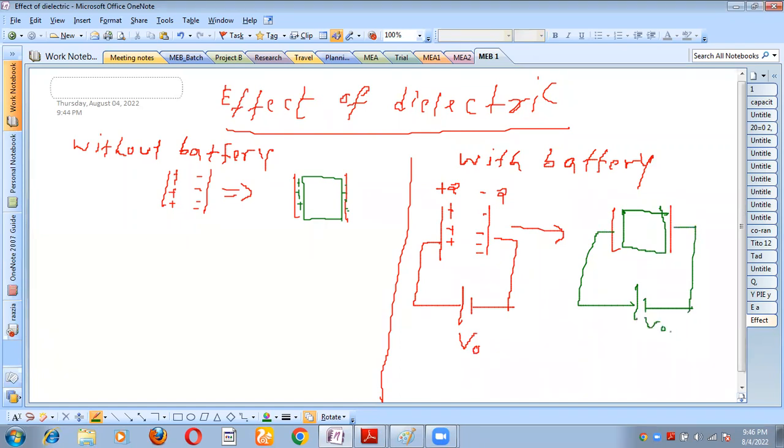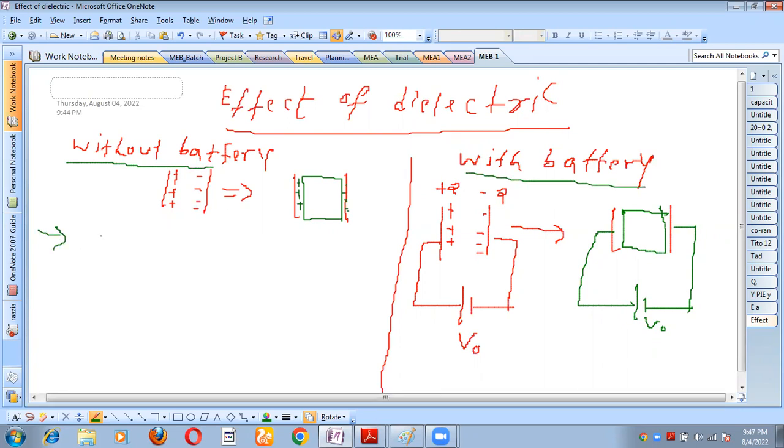So we will see the changes in different parameters in both cases, without battery and with battery. First we will see capacitance. What will happen to capacitance? If the initial capacitance is C naught and the dielectric constant of the dielectric is K, the new capacitance will increase and become C equal to K C naught.